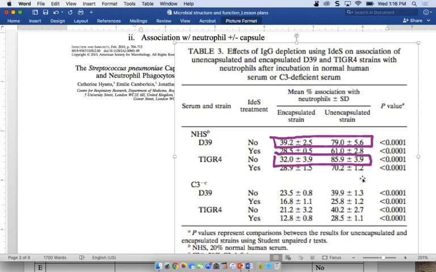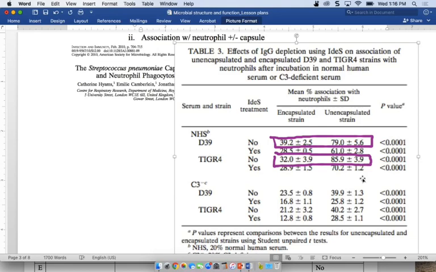What's the general trend between the unencapsulated and the encapsulated strains? How do those percentages differ? Or do they differ? Ask the question, please. Yes, ma'am.